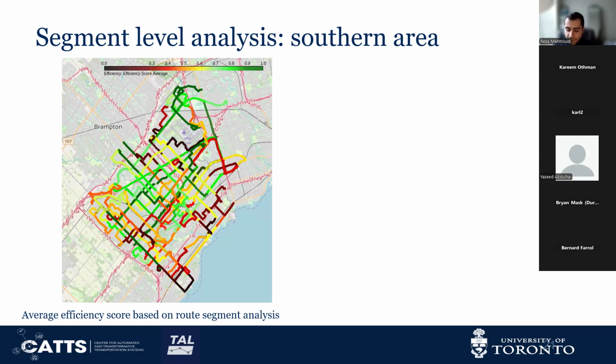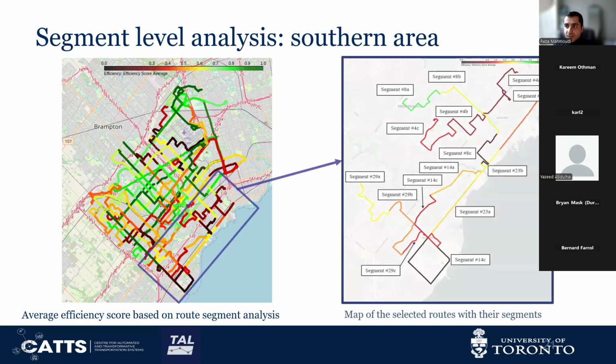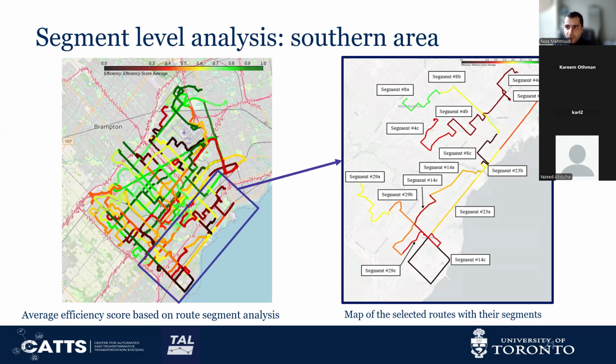For example, if we look at the southern area of the city, we will notice that almost all transit segments that we have in this area have very weak performance. They are super inefficient. So we need to come up with some strategies to improve our service in this area.